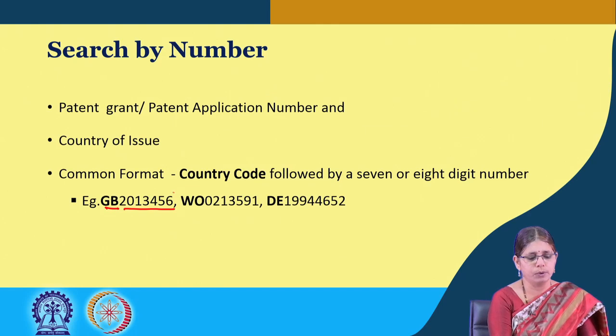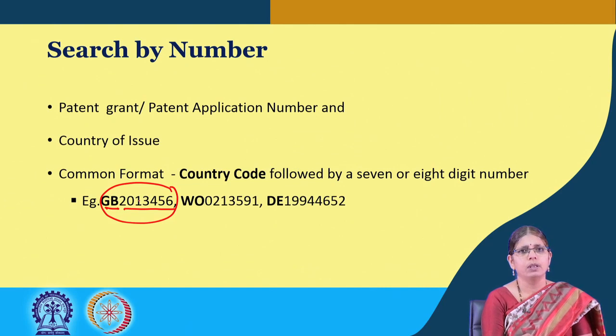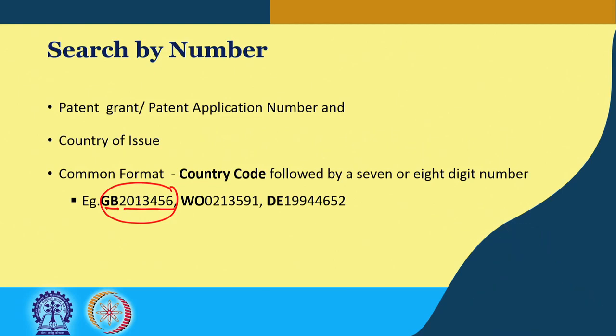This is generally how you will find patent numbers, which indicate which country it belongs to, followed by the number. So, you would input this number into the database to understand what this patent is all about. That data can be accessed by search by number.